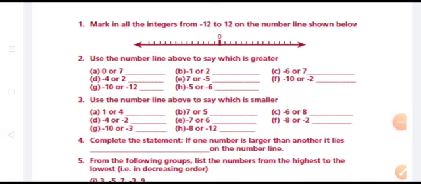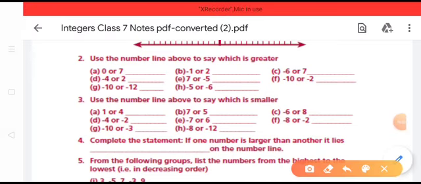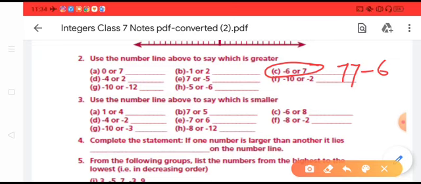Now all of you can do all the questions. 6 or minus 7: you know that the negative sign represents the lowest term and the positive sign represents the greatest term. So 6 is greater than minus 7. And in the next questions, 2 is greater than minus 4, 7 is greater than minus 5.